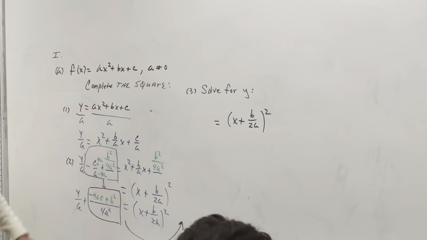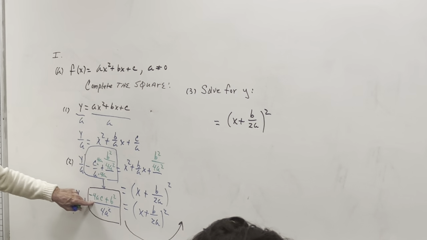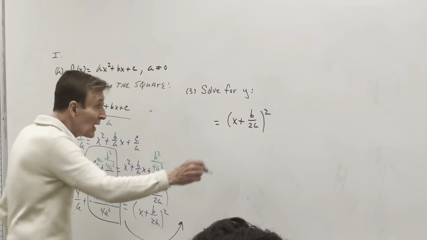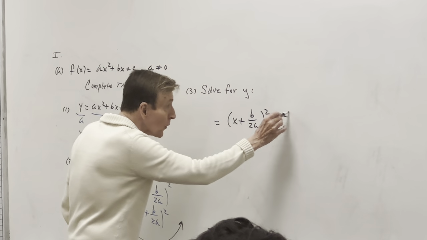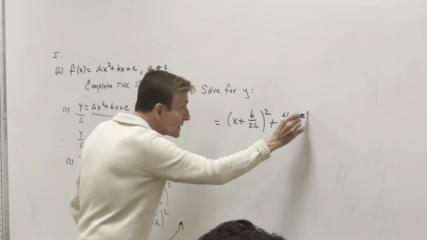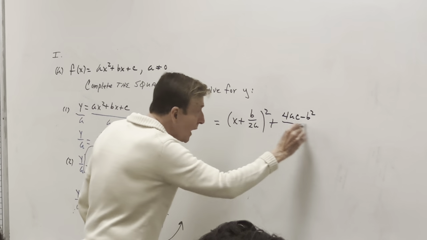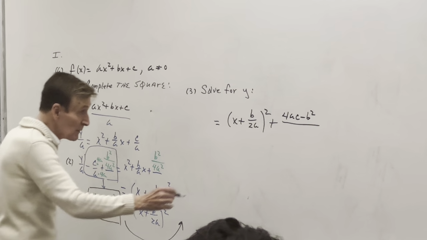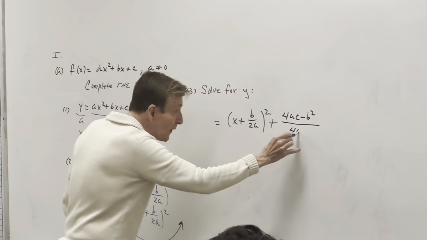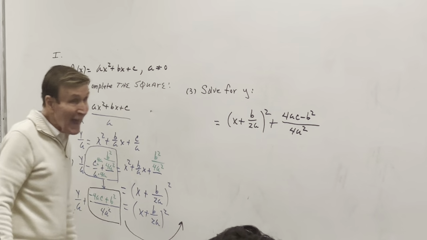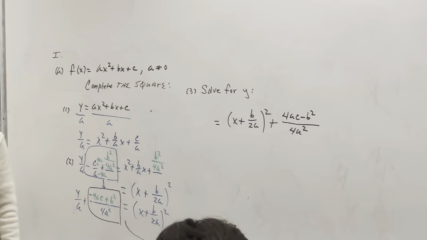Because they change signs, this becomes a positive 4ac, this becomes a negative b squared. So let me write it like this: plus 4ac minus b squared, all over that common denominator still there. Yes or no? Don't worry about making a mistake.